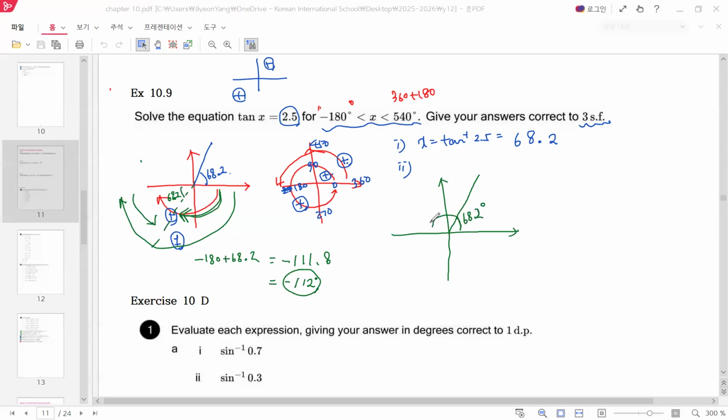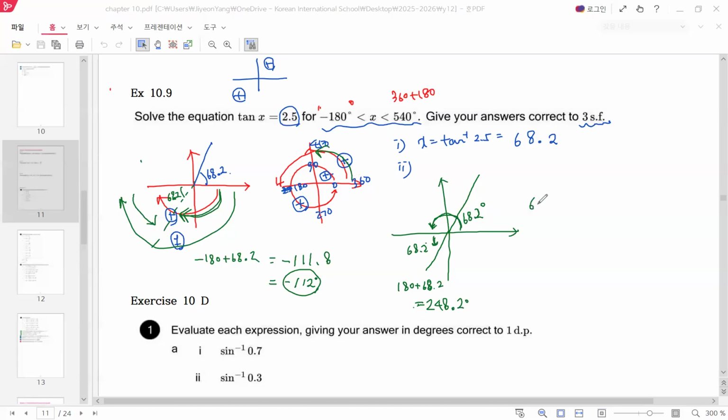And then third quadrant one, which is 180 plus 68.2, which is 248.2 degrees. Then lastly, there is one more between 360 and 450.